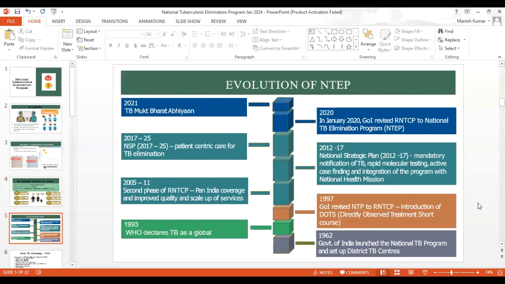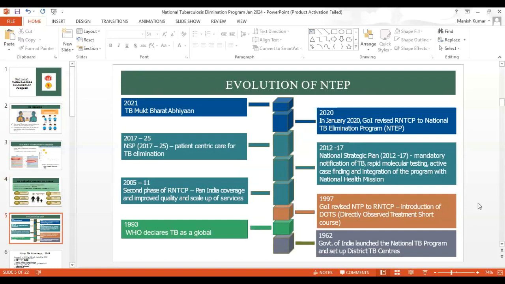So how did the National Tuberculosis Elimination Program come up? In 1962, the Government of India launched the National TB Program, and district TB centers were set up across all the districts.